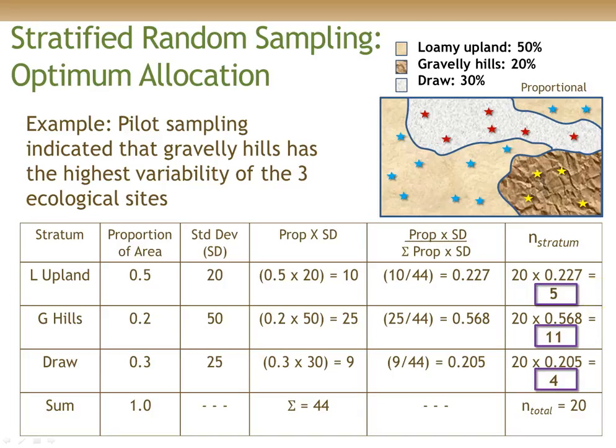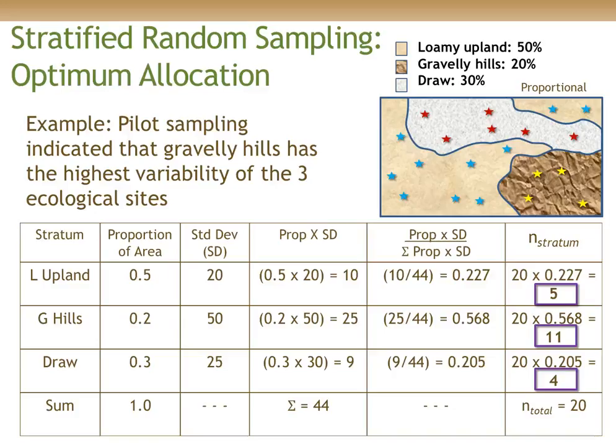And that's because the attribute has less variability in the loamy upland, and so we need a smaller number of units in order to precisely estimate the value of that variable.